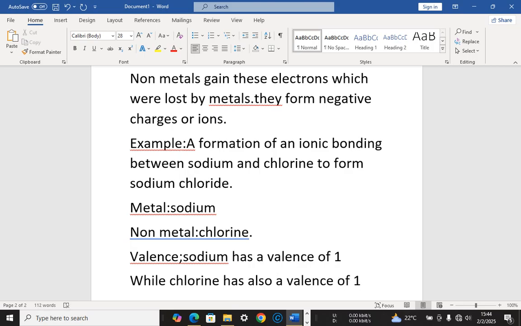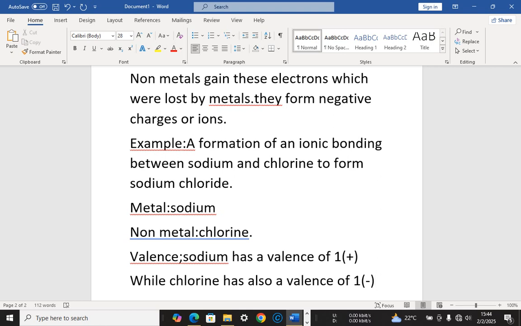But remember, sodium is a metal. Remember, sodium is a what? A metal. So this valence of 1 is represented by a plus sign under ions. Chlorine is a non-metal, and its valence of 1 is represented by a negative sign.